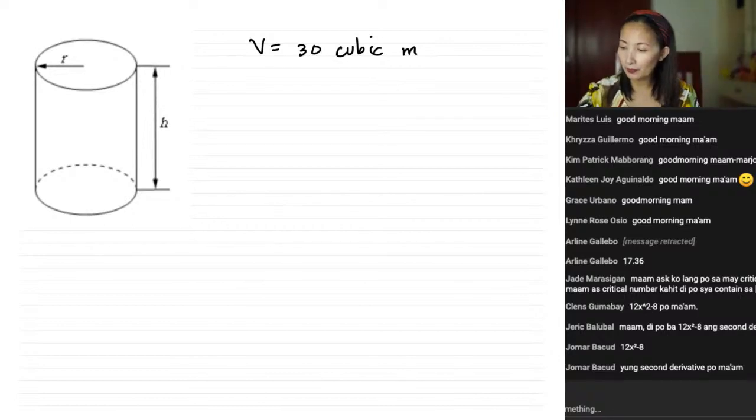Open top. Top is open. And least amount of material.